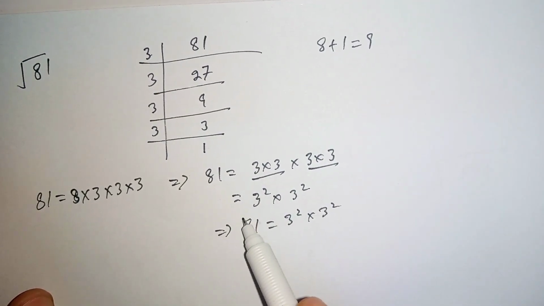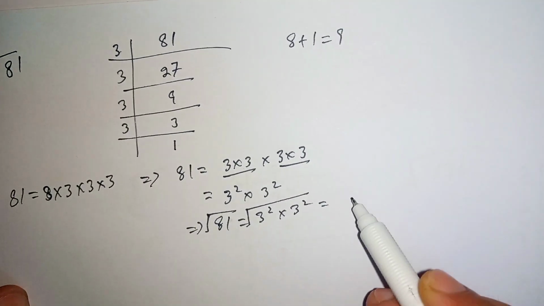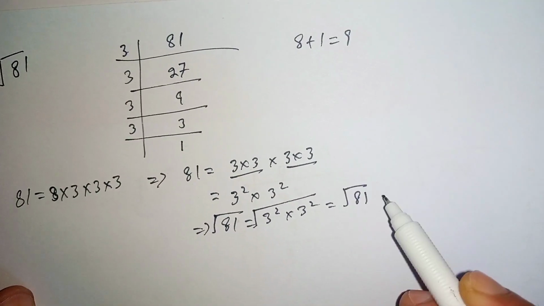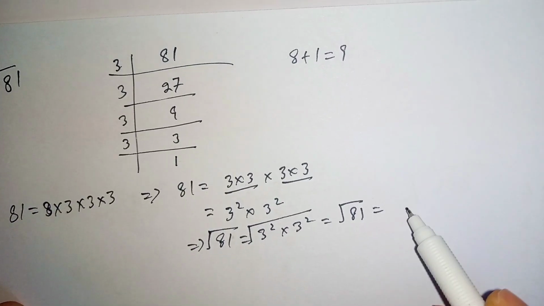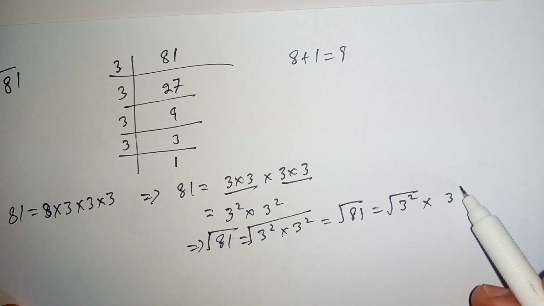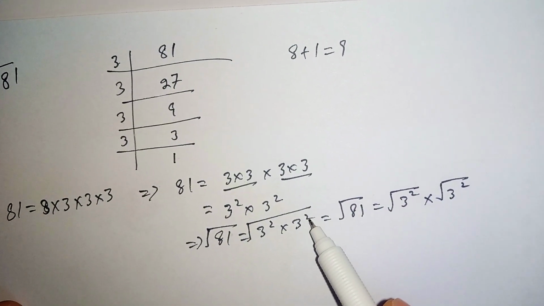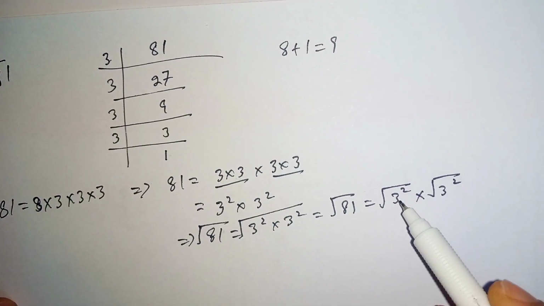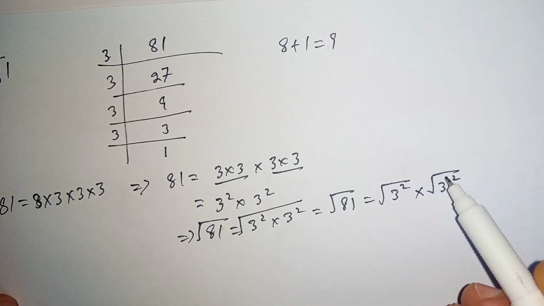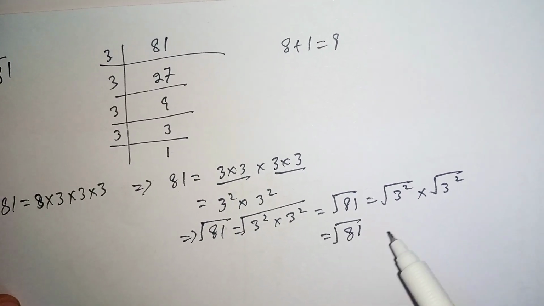And now we will take the square root of both sides. So the square root of 81 is equal to the square root of 3 square multiplied by the square root of 3 square, right?